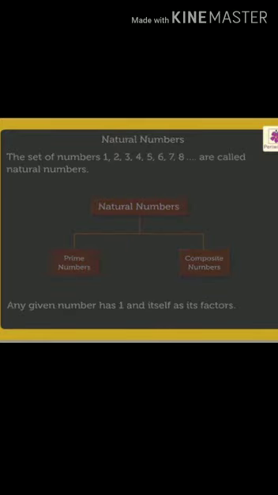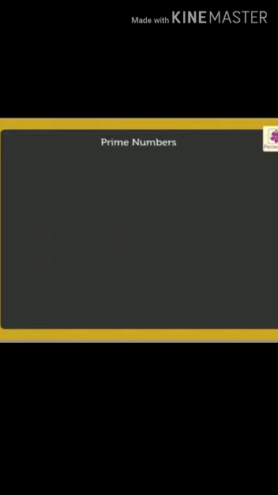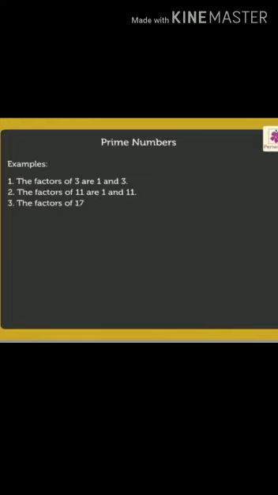Now, let us start with prime numbers. Look at the examples. The factors of 3 are 1 and 3. The factors of 11 are 1 and 11. The factors of 17 are 1 and 17.